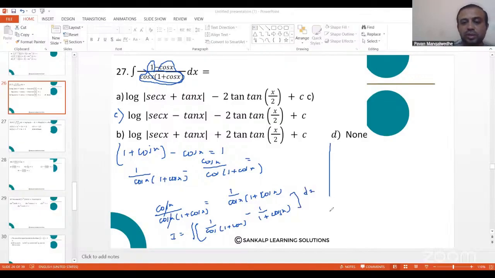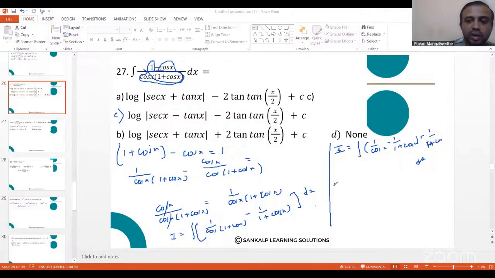So on solving this, I is equal to integration of 1 upon cos x minus 1 upon 1 plus cos x minus 1 upon 1 plus cos x dx.